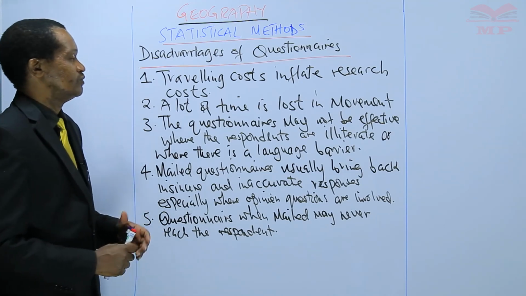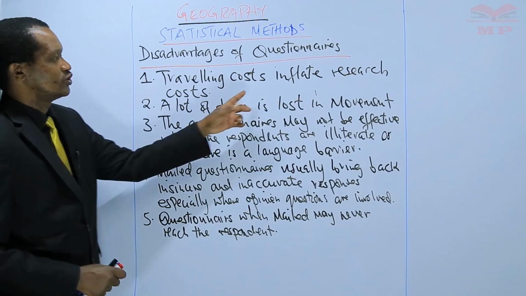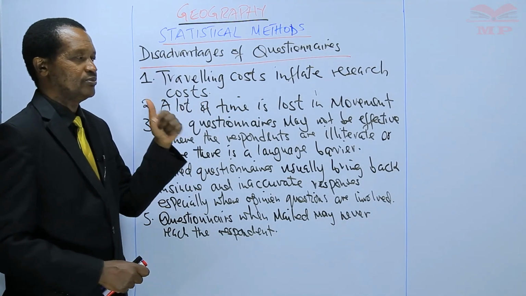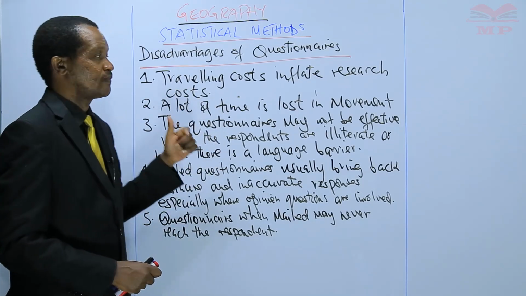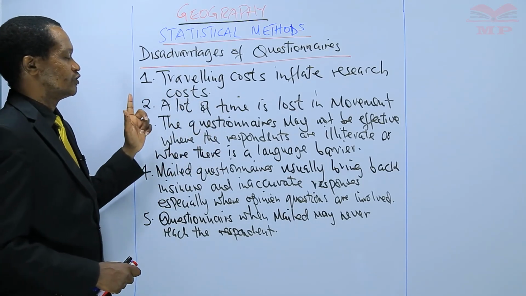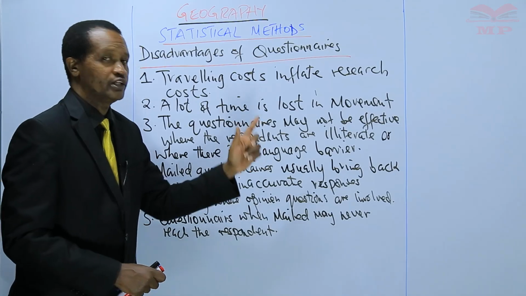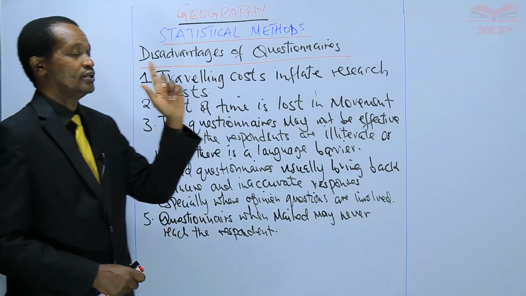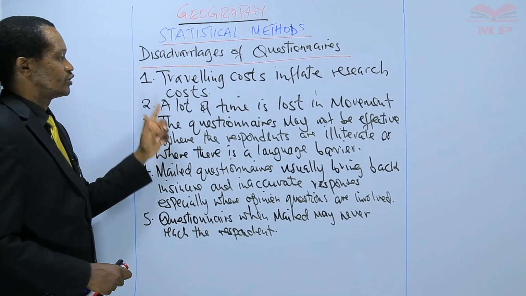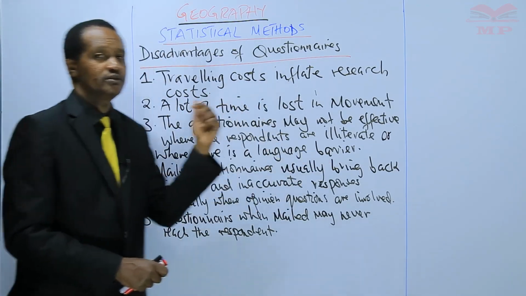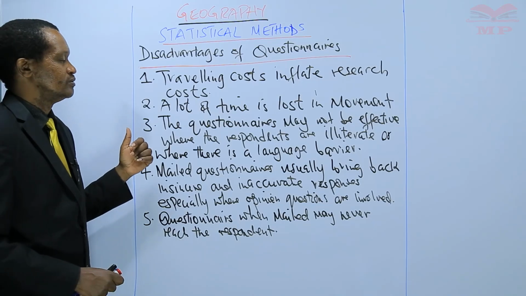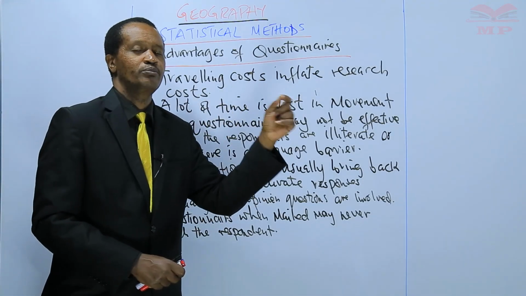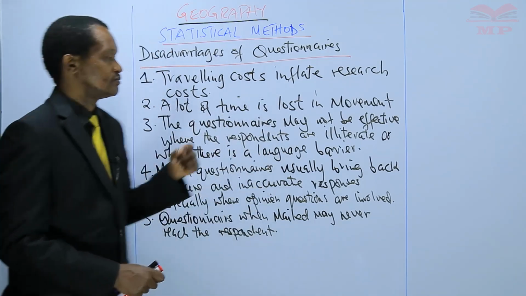Point number 1, we've learned that traveling costs inflate research costs because the researcher may be required to move from point A to point B, from respondent A to respondent B. That movement is expensive. Number 2, a lot of time is also lost in movement. The more the researcher travels, the more time is lost.